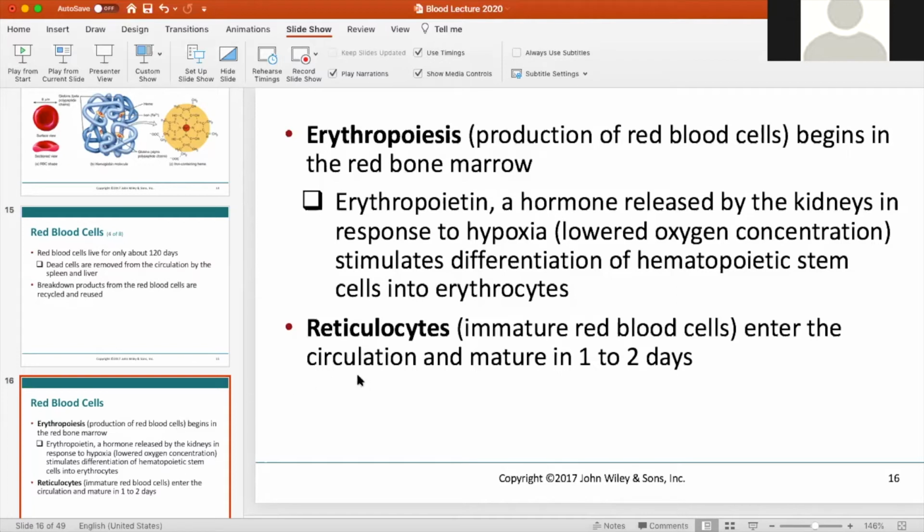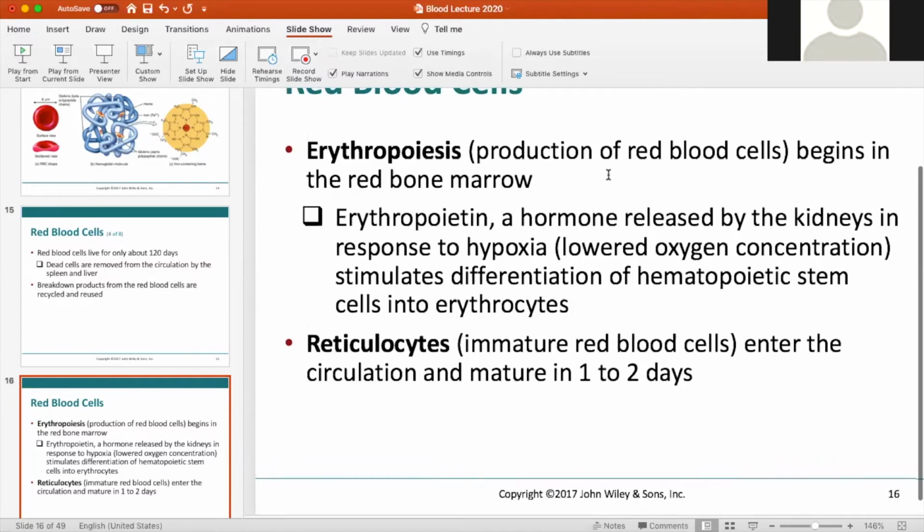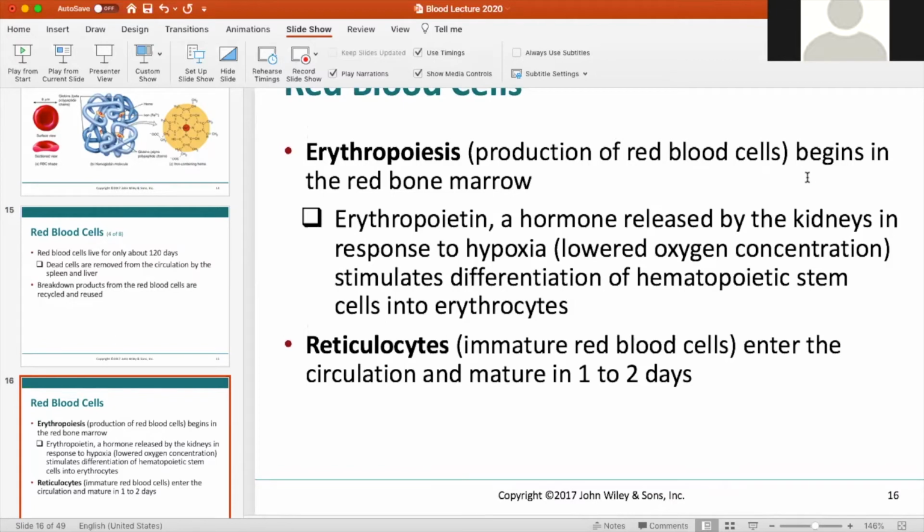So this is what we just went over. We just went over what erythropoiesis is. Erythropoiesis is production of red blood cells, and it begins in the red marrow there. And we just talked about erythropoietin. That is a hormone released by the kidneys in response to hypoxia, okay?